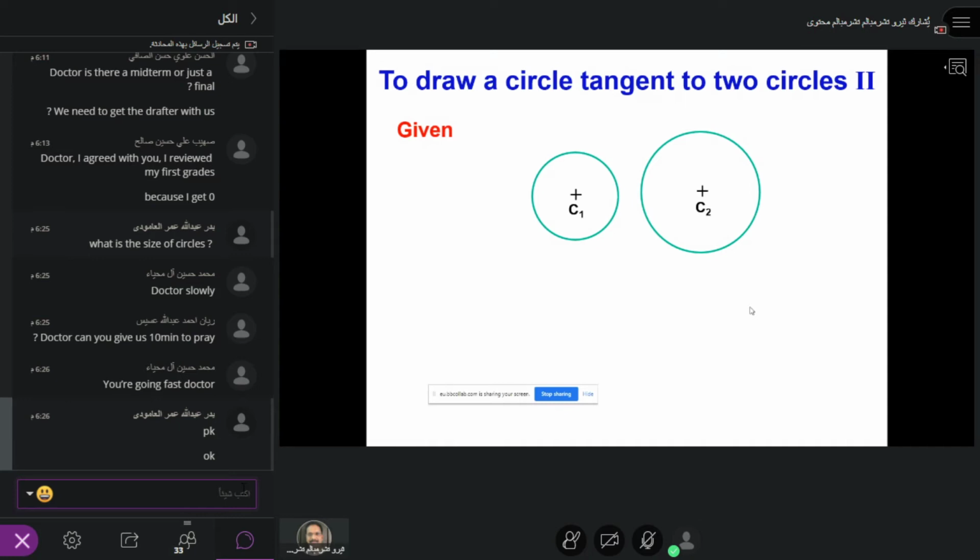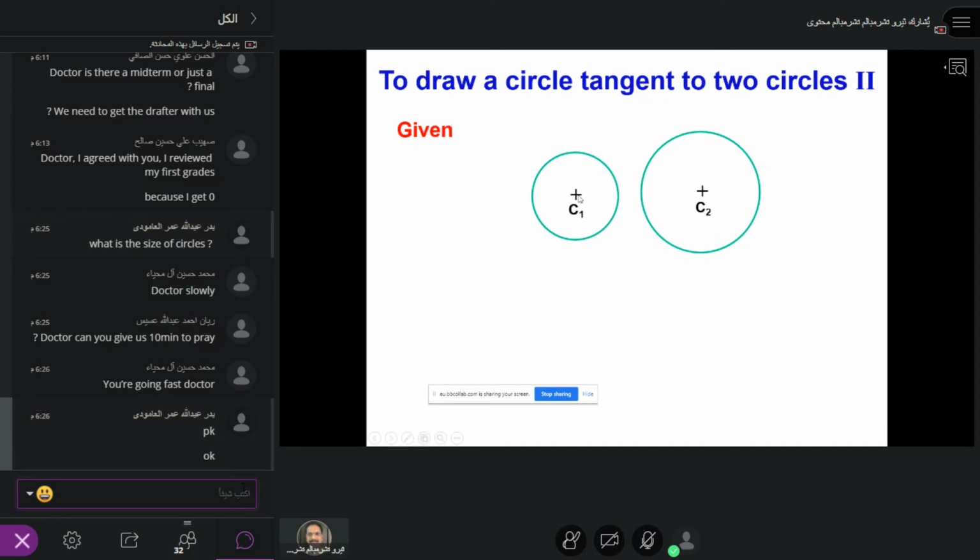So for those who find it hard to understand, I already uploaded the same PowerPoint in the Blackboard. Go download it from the course description, run it yourself on your own laptop, and watch it carefully, because it's given step by step. Only the radius is not given. So in the exercise, I'm going to give you the radius, C1, C2, and all. Then you can draw. But all you need to know is the method of how to draw it. You understand?